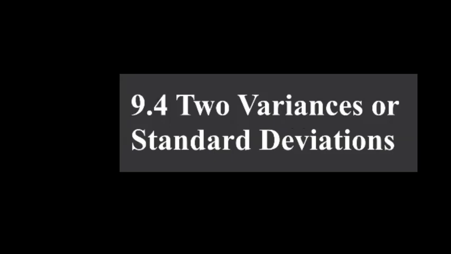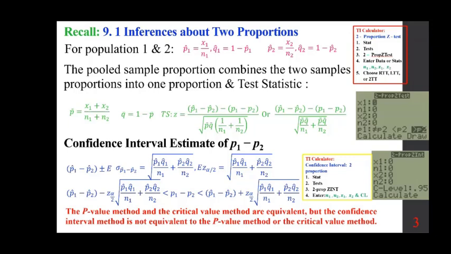Two variances or standard deviations. As it was mentioned, when we did two proportions, we used the formula for P bar is x1 plus x2 divided by n1 plus n2. Q bar is 1 minus P bar, and the test statistic can be calculated accordingly as P1 hat minus P2 hat over the square root of P bar Q bar over n1 plus P bar Q bar over n2 under the radical.